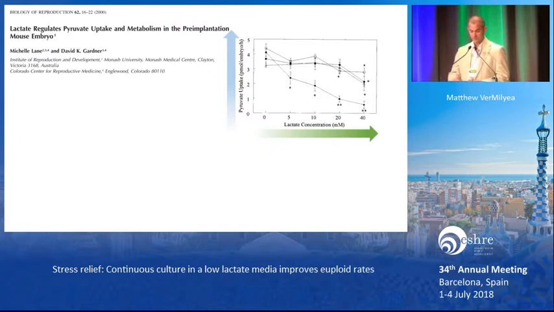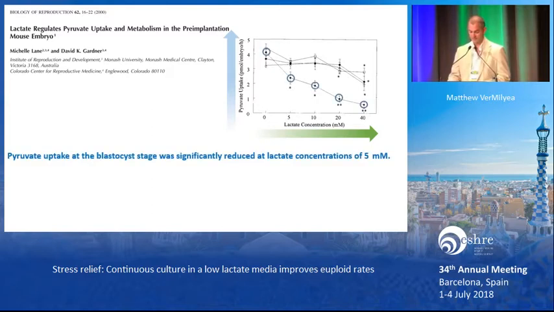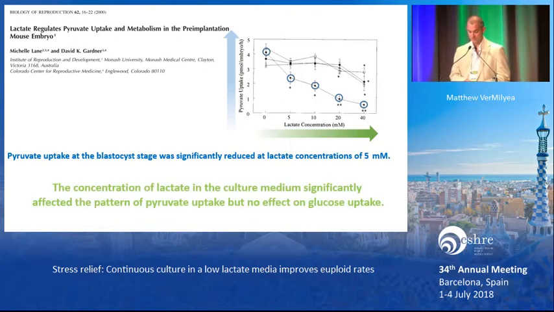Now, Dr. Gardner and Dr. Lane, back in 2000, really wanted to focus on pyruvate uptake as well as lactate concentration in the culture media. As you see here, as lactate increases, pyruvate uptake decreases. Really, this big drop-off in significance is between 0 and 5 millimolar of lactate.